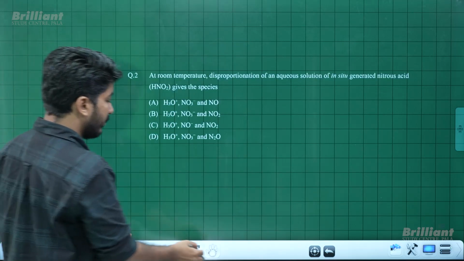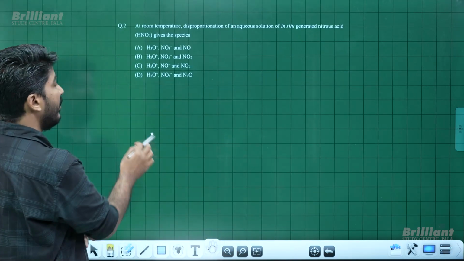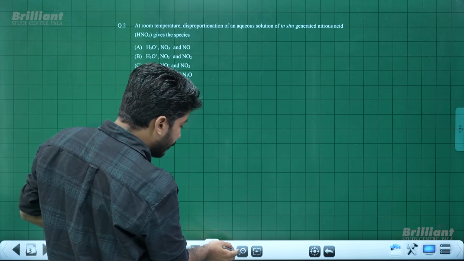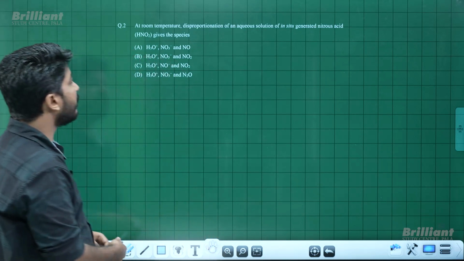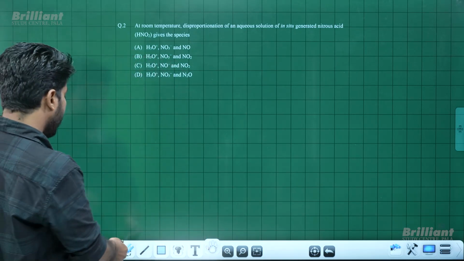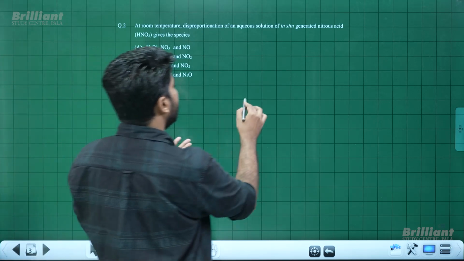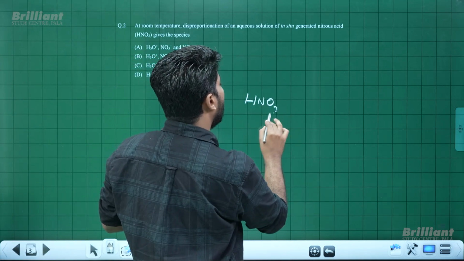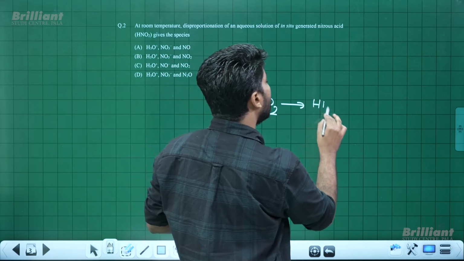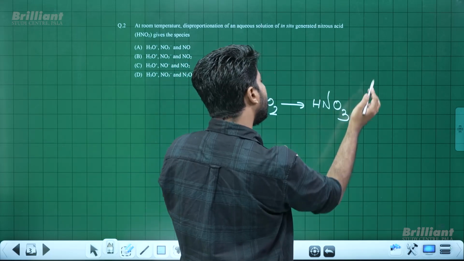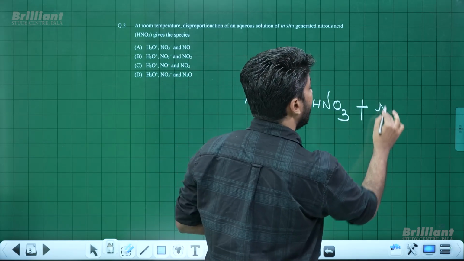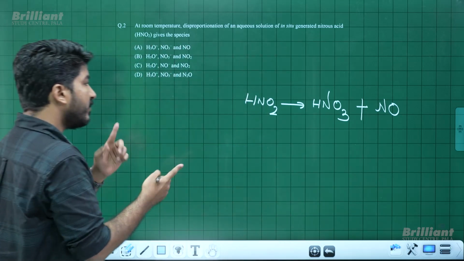Next one was from the P block, properties of P block compounds, and it was nitrous acid disproportionation. That is very direct. Nitrous acid disproportionates to nitric acid, which is the oxidized product, and nitric oxide also. So these are the characteristic products.